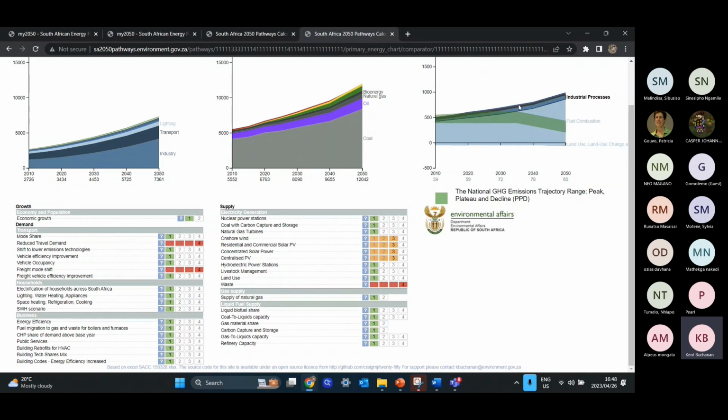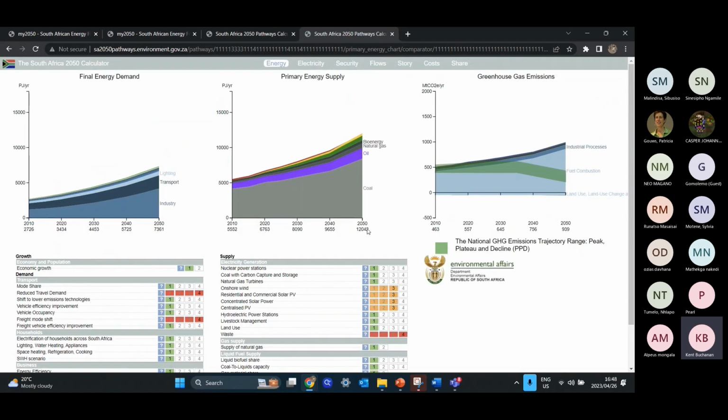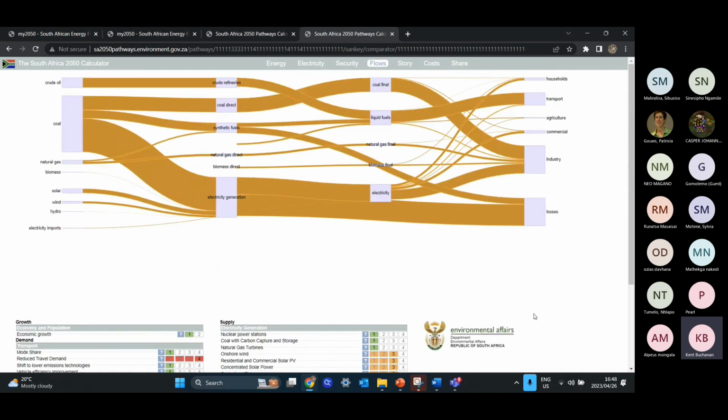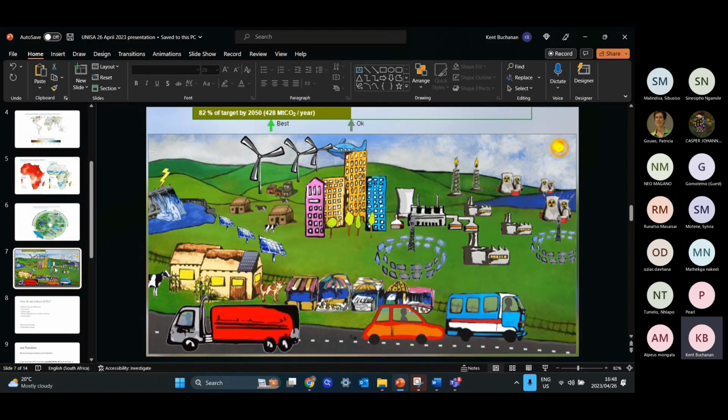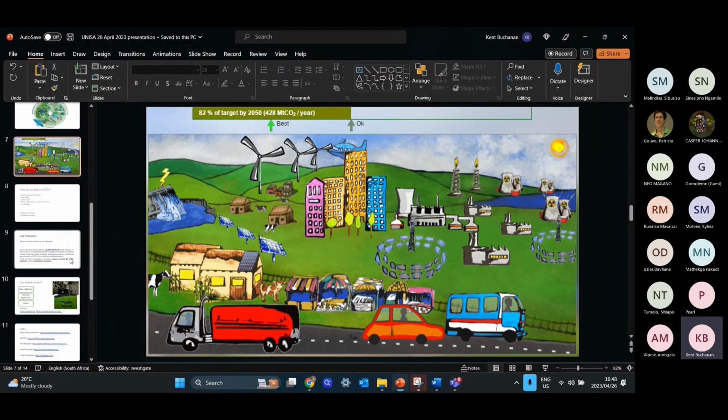You can see what impact that has on our greenhouse gas emissions and our energy supply, and you can even look at it in different ways. This is a cool way to look at energy flows, what comes in and what goes out, and our impacts like that. So that's just to touch on those.